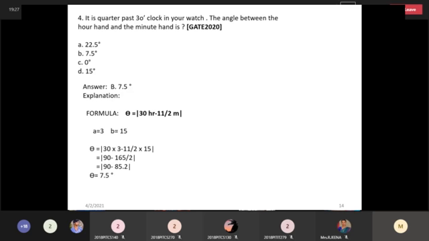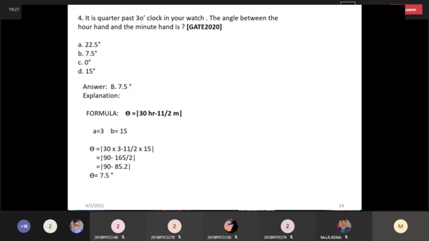Theta is equal to 30 H minus 11 divided by 2 into M. So 30 into 3 minus 11 divided by 2 into 15 minutes. 30 into 3 is 90, minus 11 by 2 into 15, that is 165 divided by 2. So 90 minus 82.5 gives theta equal to 7.5.